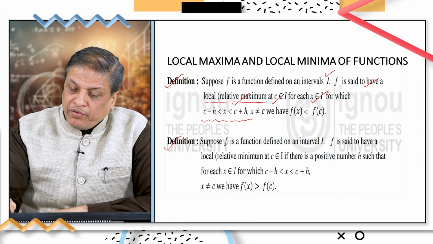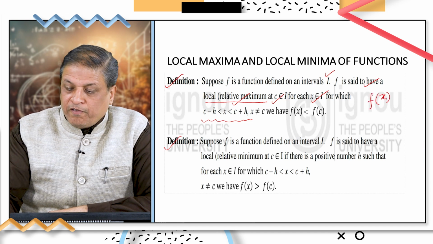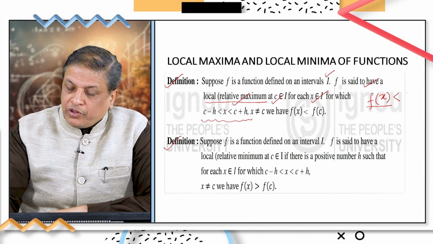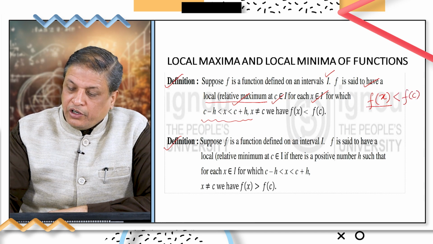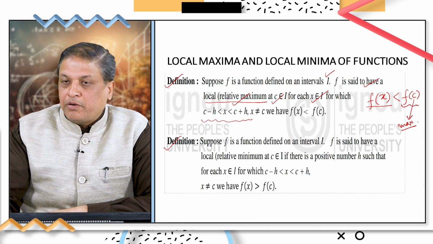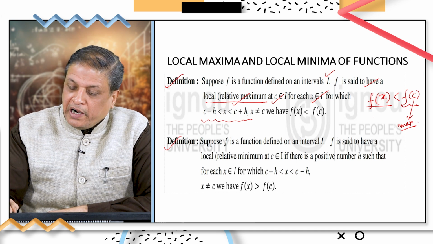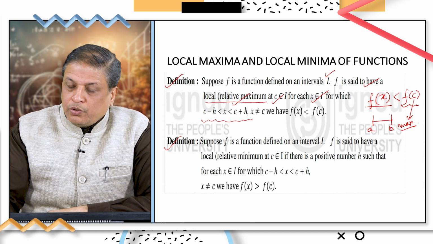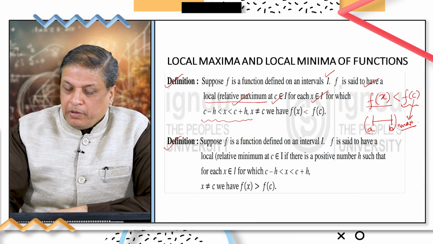So, for every value of x, the value of the function f(x) is less than the value of the function at C, then this value C is nothing but the relative maximum, relative because we are taking an interval a, b.